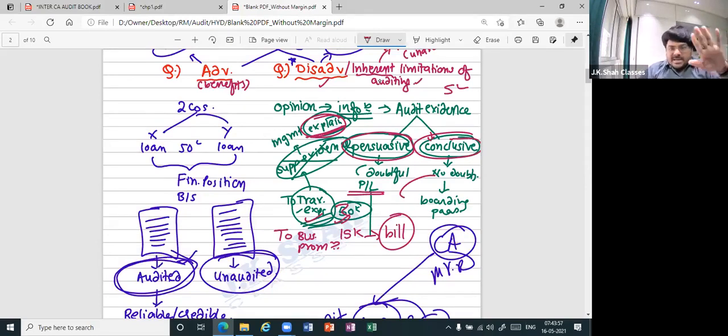My simple question: in reality there are things like business lunches, business dinners, business suppers, business tea. It happens. So can I say definitely that what they are telling is acceptable? Can I say there is a bill also, so it is conclusive also? But in reality, it is wrong.